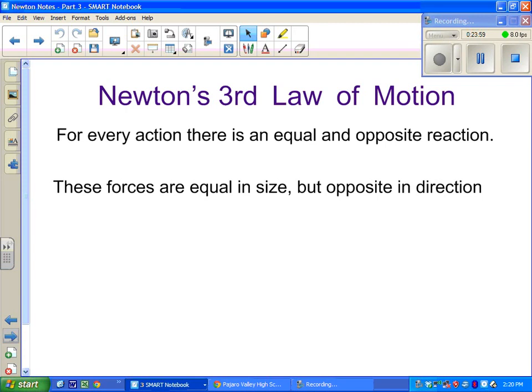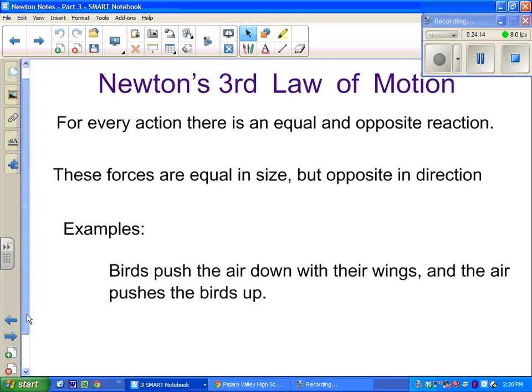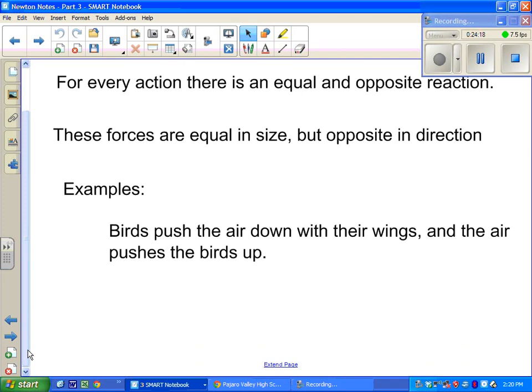And we have a few examples of this. One example is birds. When they fly, birds push the air down, and the air pushes the birds up. So the harder the birds push down, the harder the air pushes the birds up.